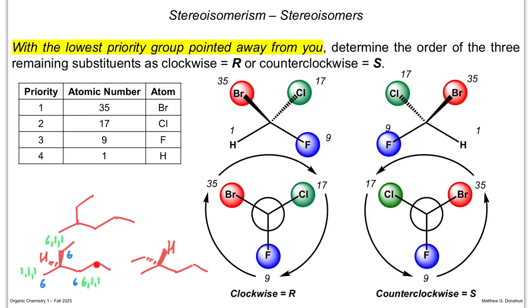So then you can go out 1 more, and you'll see that we have 1, 1, and 1, then you have 6, 1, and 1. So at that point, you do move along the chain if things are equivalent.